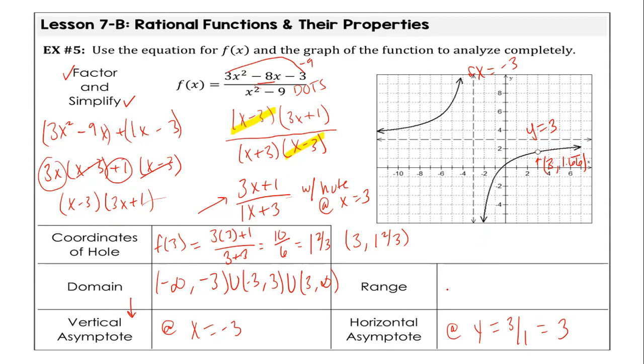Now we're going to do the range. Your range is from bottom to top. Starting from the very bottom, we're all the way down at negative infinity. We're traveling along, and oh, there's a hole in my graph. Where's that hole at? It's at 5/3, which is 1 and 2/3 or 1.6 repeating. It's just easier to write 5/3.